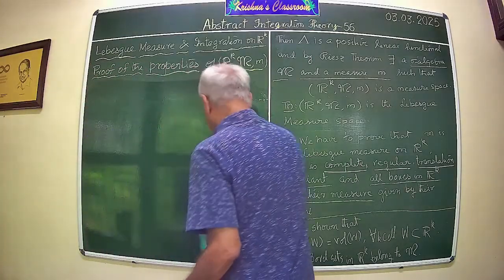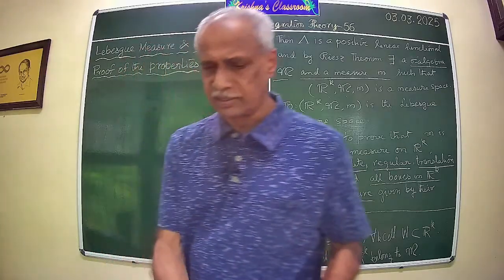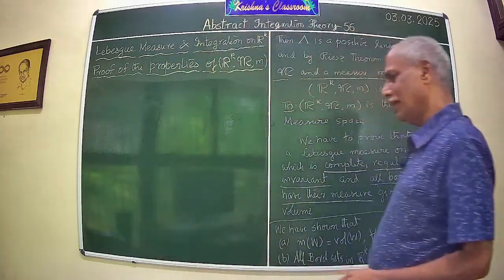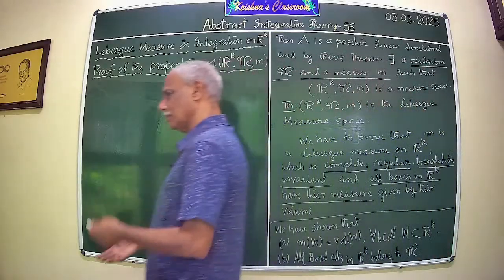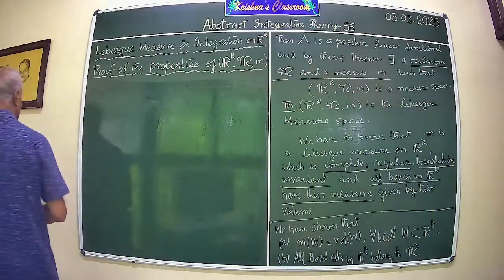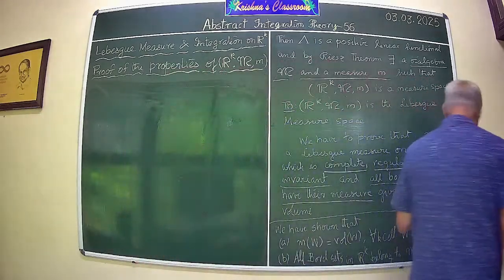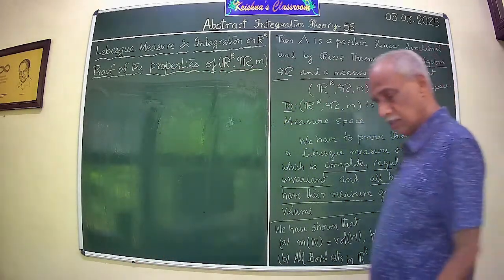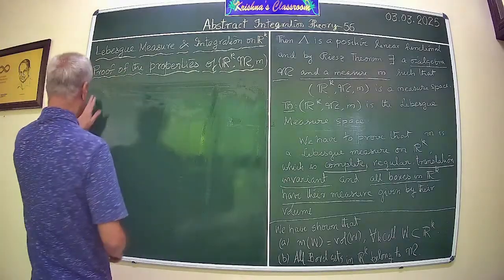So you know what F sigma is? And then of course you have the further taking the arbitrary union, countable unions and countable intersections, because they all follow from the basic property of the measurable sets of the sigma algebra.